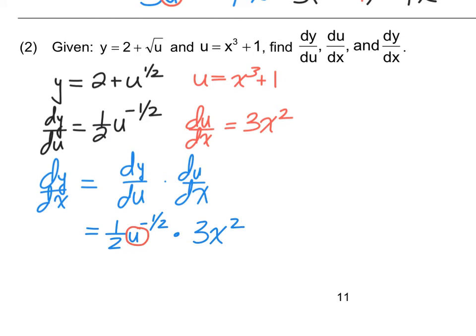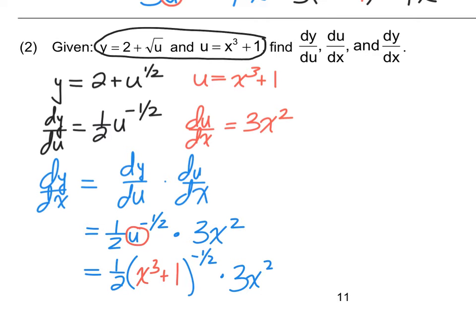So I'm going to replace my u with an x cubed plus 1. All right. So now, that's the longer way.